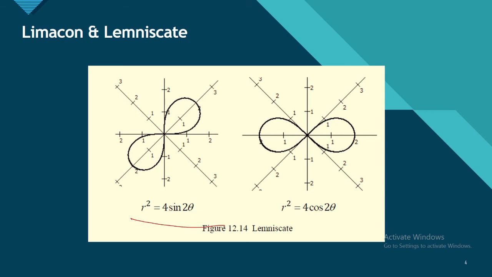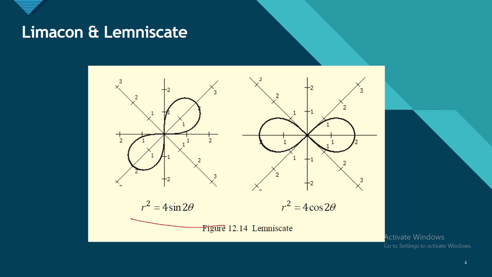Now, just like what I told you, we will not dwell so much on the graphs of equations that are defined in the polar coordinate system, because I think that is a concern for analytic geometry.